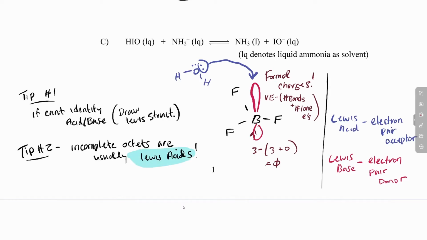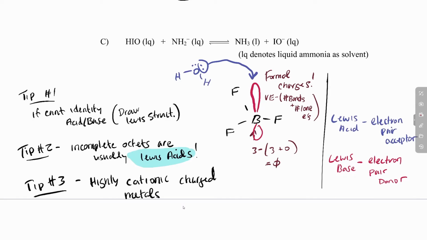Okay? And then, by the same kind of idea, tip number 3: highly cationic charged metals. What do I mean by that? Highly positively charged, yep.